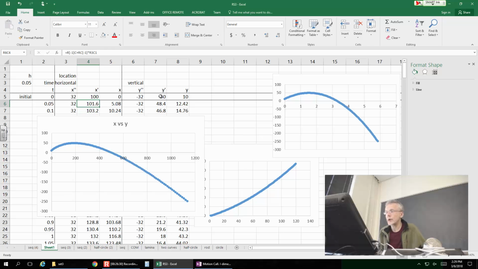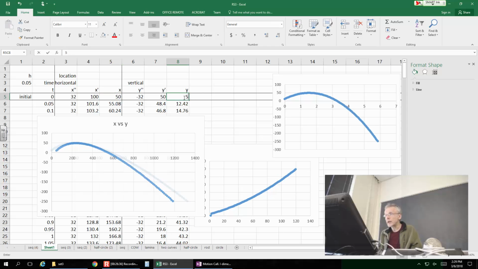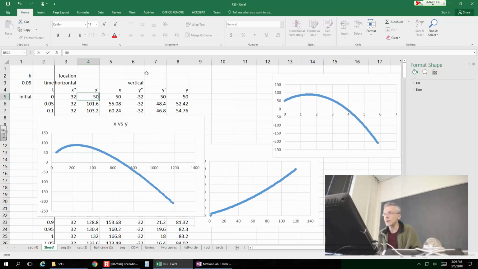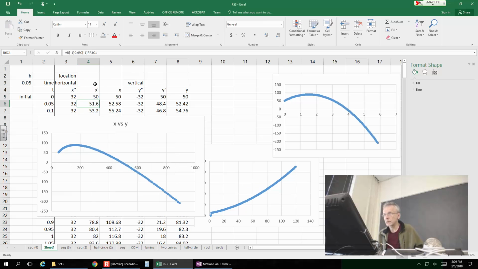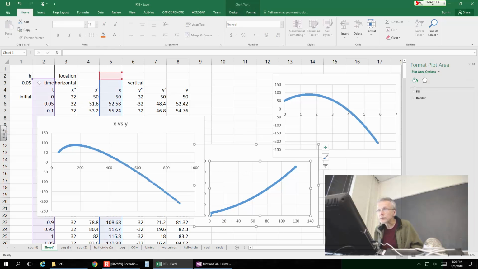Let's try it more symmetric. So how about I put x at, say, 50 and y at 50, and the velocity, both of them at 50. I'm trying to figure out what is going on with this thing. Just give me a minute.